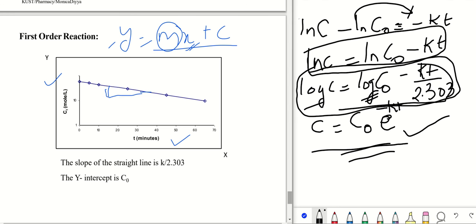Now here we will be calculating the slope of this graph. The slope value which we get, say x, so this slope value is equal to k by 2.303.